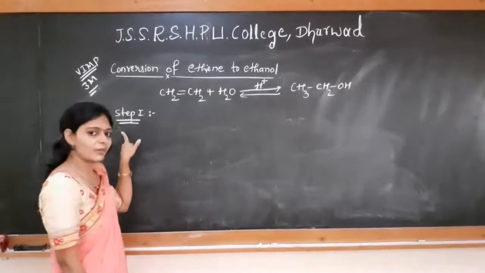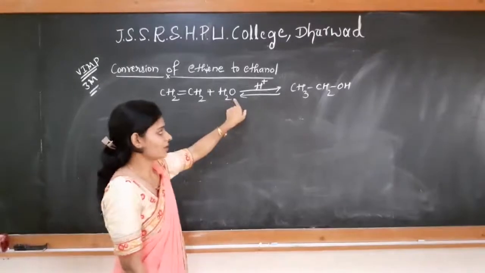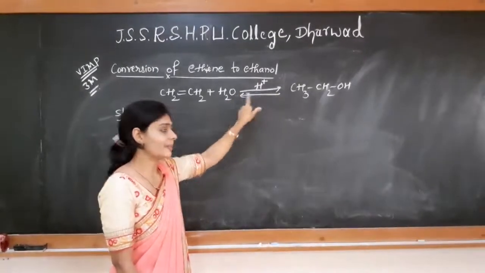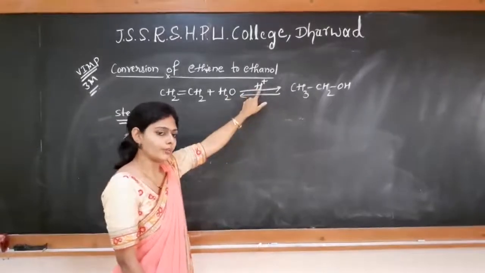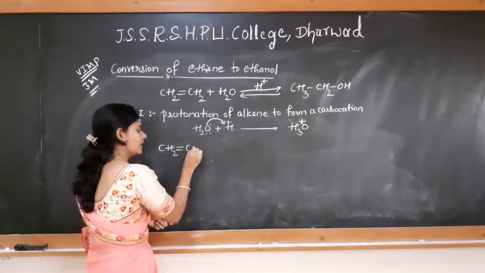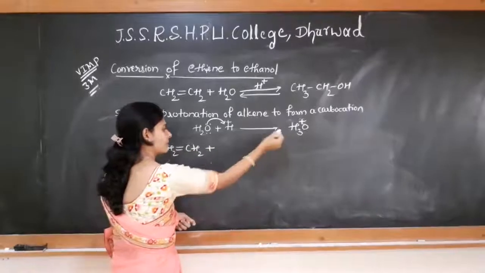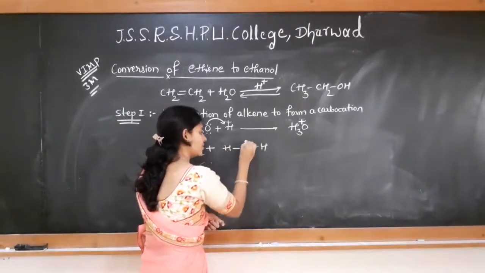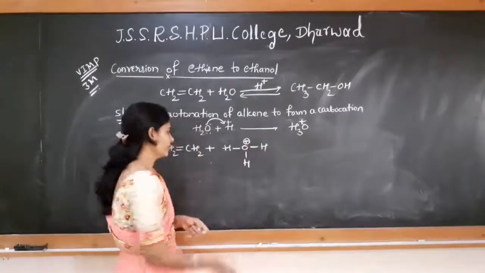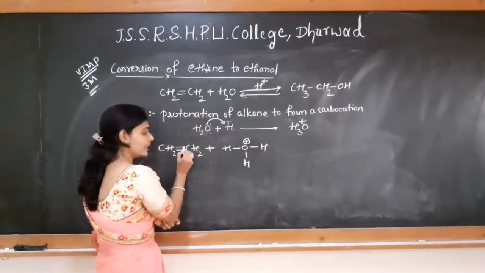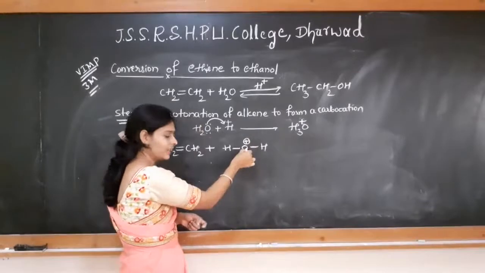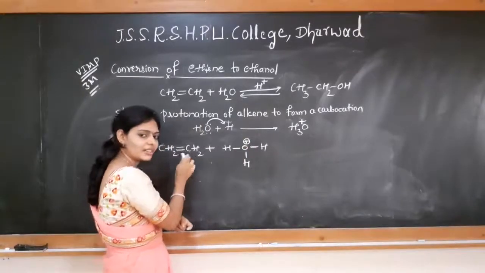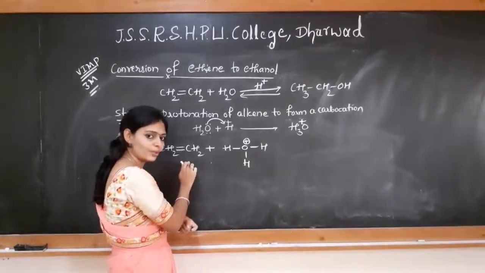So in the first step, what happens? As we have water in the acidic medium, there is a formation of an electrophile by the abstraction of this proton. In ethene, we have a double bond which is attacked by our electrophile. See here, H3O plus is this molecule. In presence of an electrophile, there is a charge separation in the unsaturated molecule. It is a case of the electromeric effect.